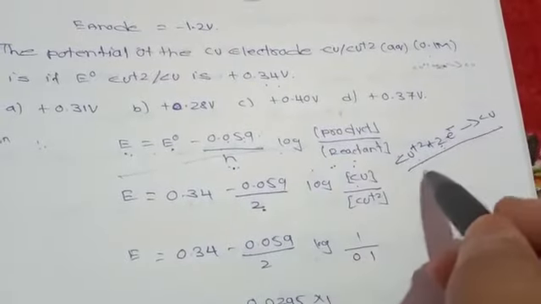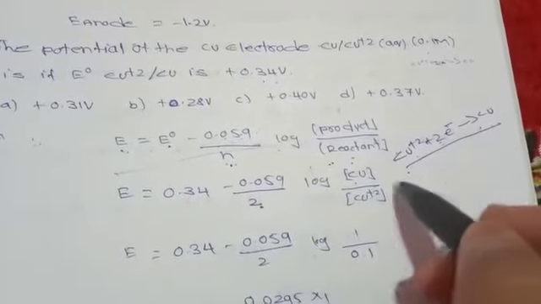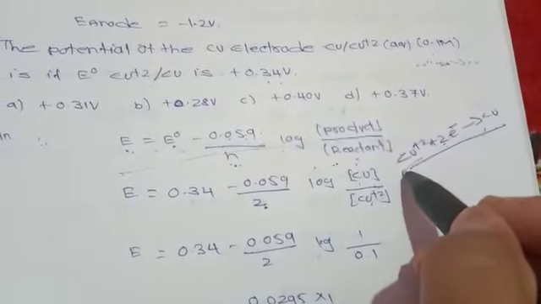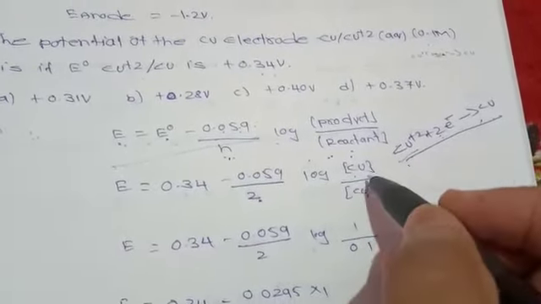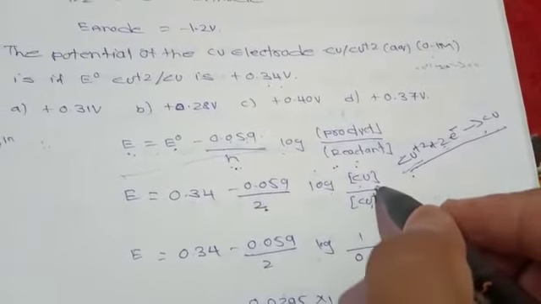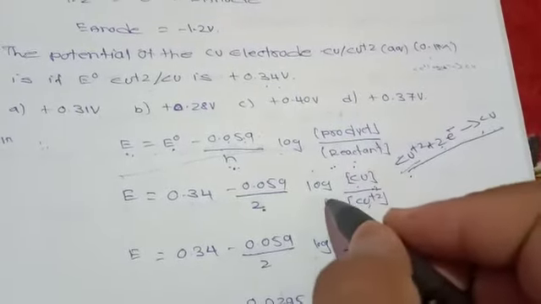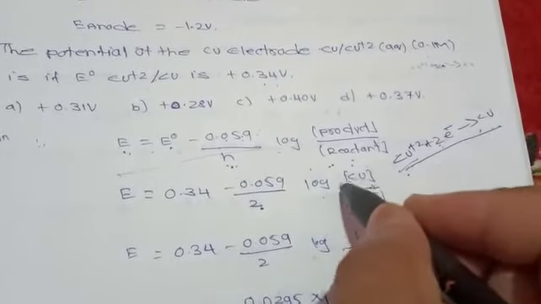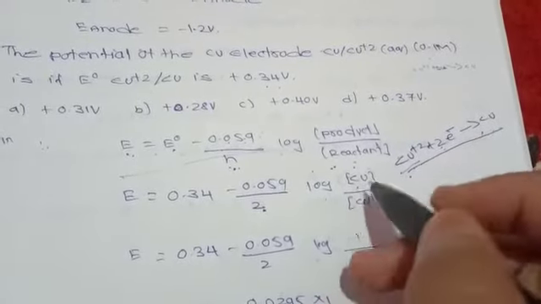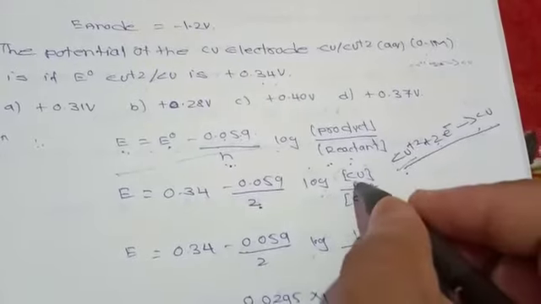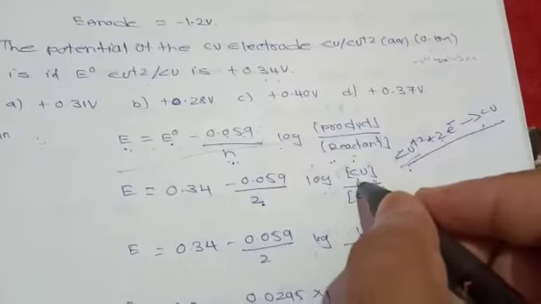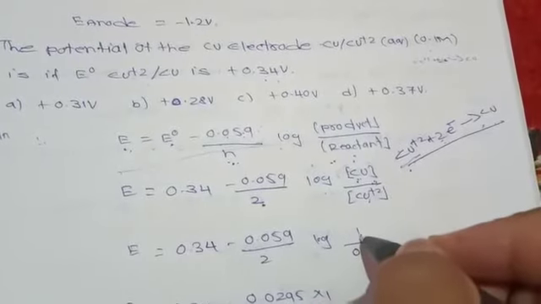So what is the product here? Copper, right? Copper by the concentration of reactant. What is the reactant we have here? The copper ion, Cu plus 2. As we know from the Nernst equation concept, the concentration of the metal electrode, that is copper, is always taken to be 1, right? The concentration is always taken as 1 for metal electrodes, therefore I am taking it as 1.